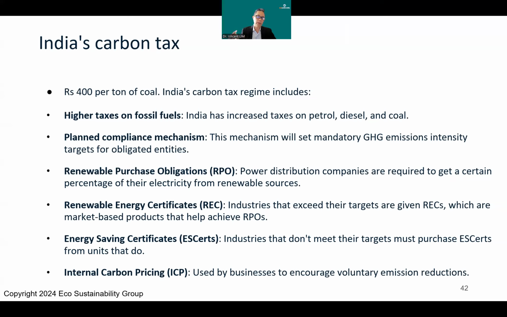There are RECs. I love RECs. It's basically the ability to generate energy by yourself through renewable methodologies and sell it back. So it is very, very crucial. Energy saving certificates, again, quite useful. Internal carbon price, that's exactly what I mentioned in pillar 2 just now.